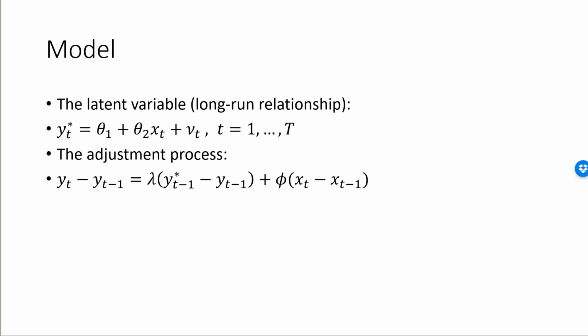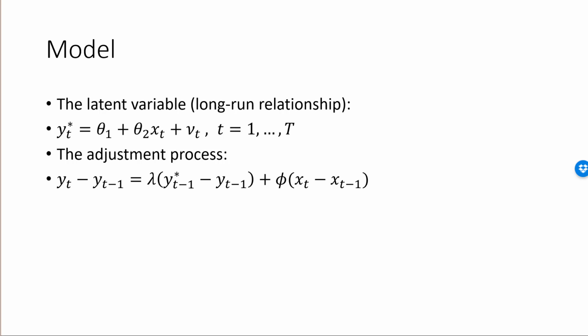So the first parenthesis is the deviation from equilibrium. Yt minus 1 is the actual value of y in the previous period. Yt minus 1 star is the value in the previous period in equilibrium. So the first parenthesis on the right hand side, you can simply think of this as the error in the previous period, the error in terms of the deviation from equilibrium.